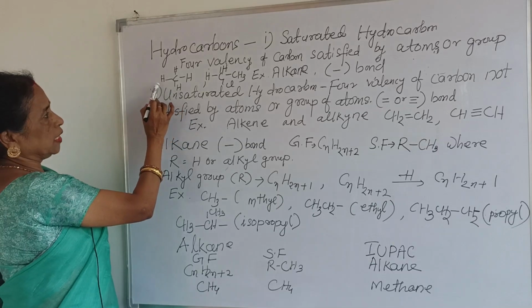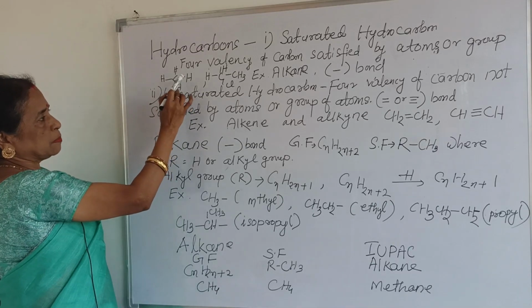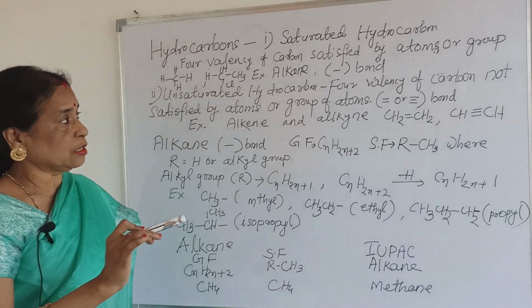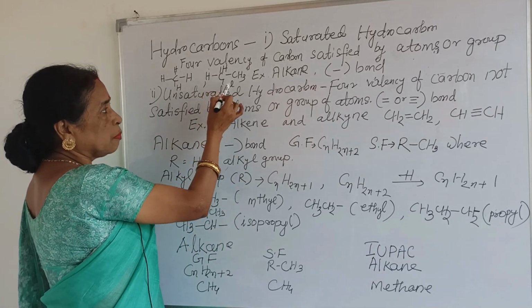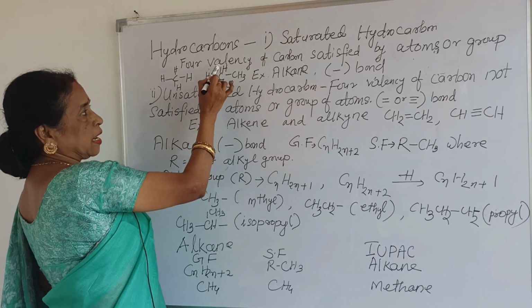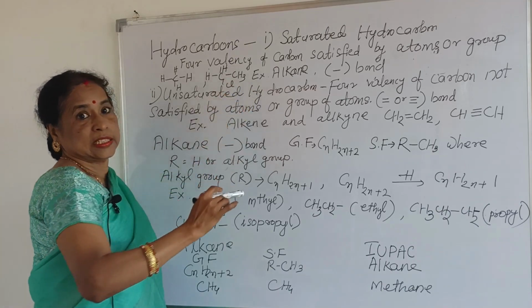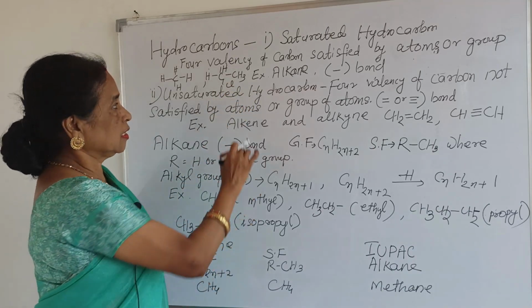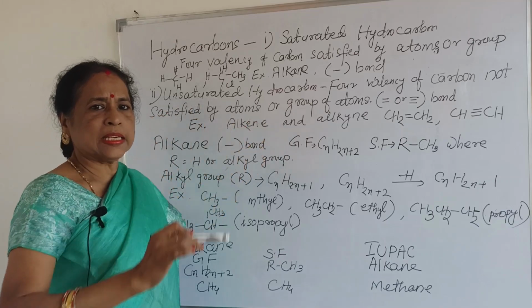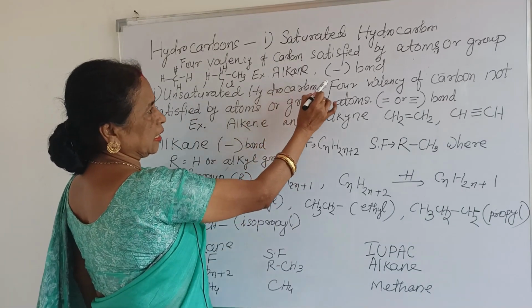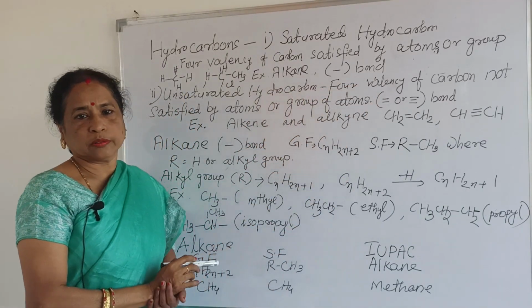See one example here, the carbon is satisfied by 4 hydrogen atoms, and here 4 valencies of carbon are satisfied by hydrogen and chlorine atoms, and the other one is a group of atoms, that is methyl group. The best example is alkane, which contains a single bond.